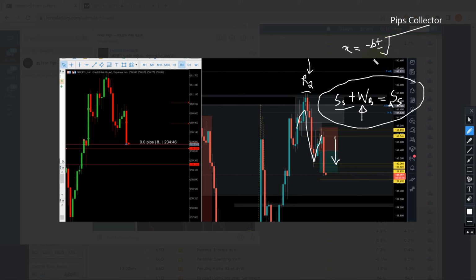The almighty formula is good to be used for distinct equations. You don't use it for all mathematical expressions. The same way you don't apply this equation of strong sell plus weak buy equals another strong sell in all scenarios. Some criteria have to be met.